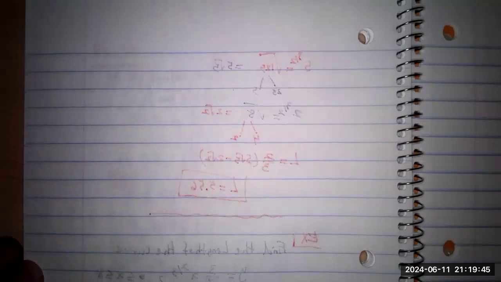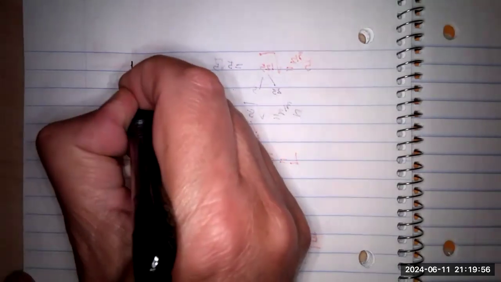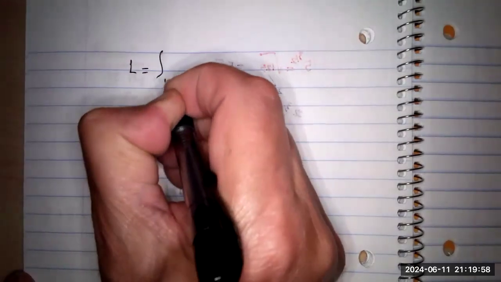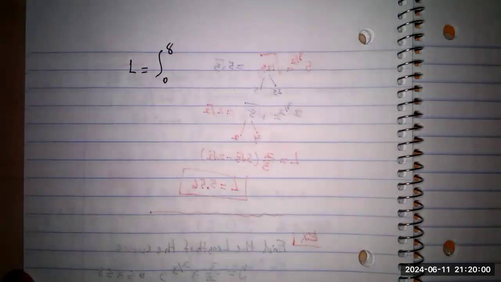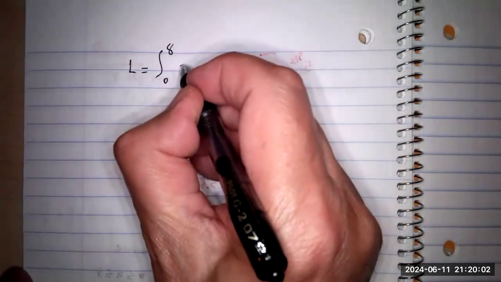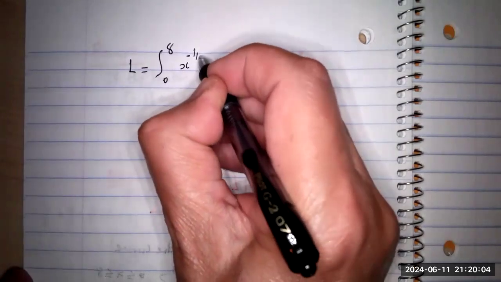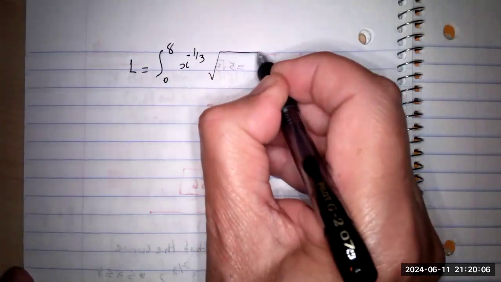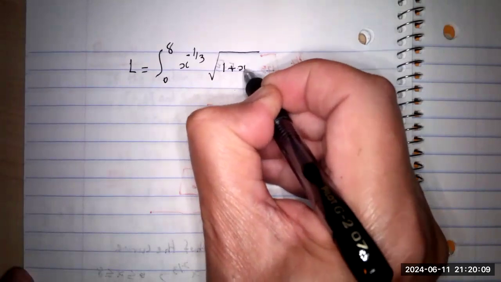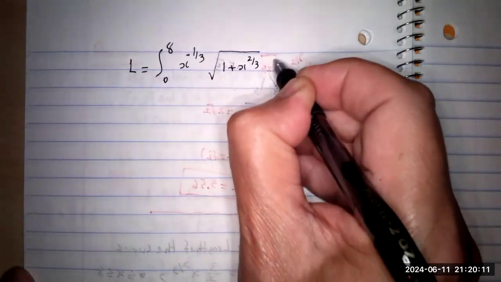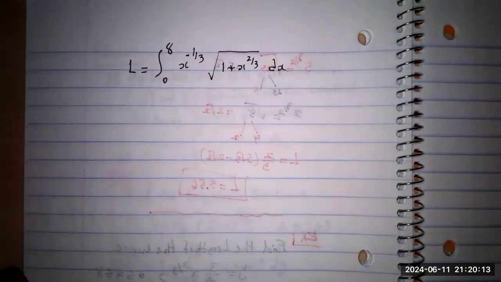So what I have, the integral of that function, is going to be the arc length. So what's going to be the arc length? The arc length now is going to be the integral from 0 to 8 of x to the negative 1/3 times the square root of 1 plus x to the 2/3, dx.